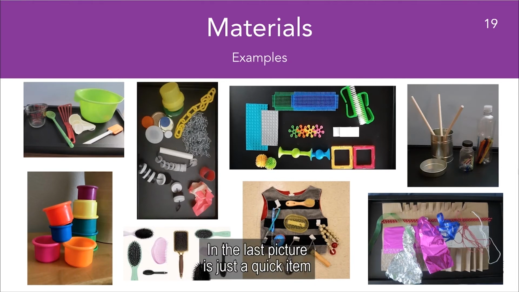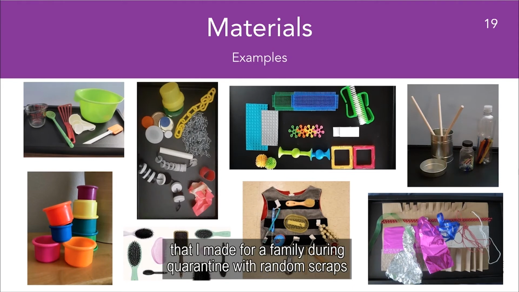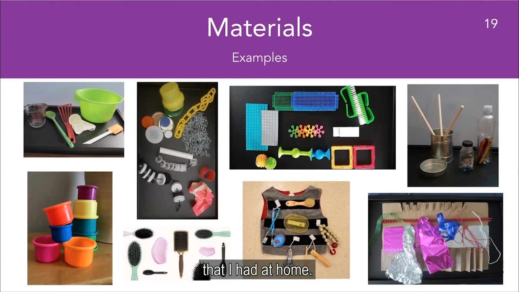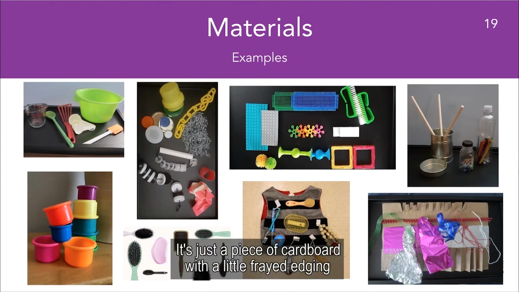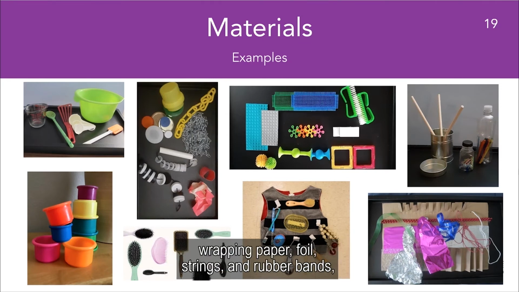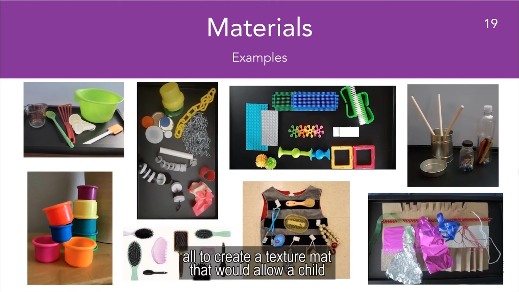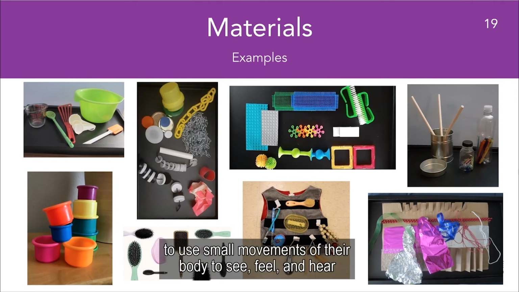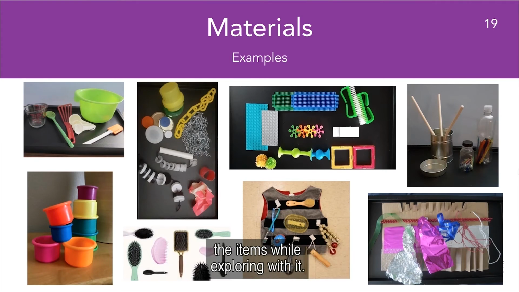In the last picture is just a quick item that I made for a family during quarantine with random scraps that I had at home. It's just a piece of cardboard with a little frayed edging to create texture and sound, and some ribbons, beads, mylar gift wrapping paper, foil, strings, and rubber bands, all to create a texture mat that would allow our child to use small movements of their body to see, feel, and hear the items while exploring with it.